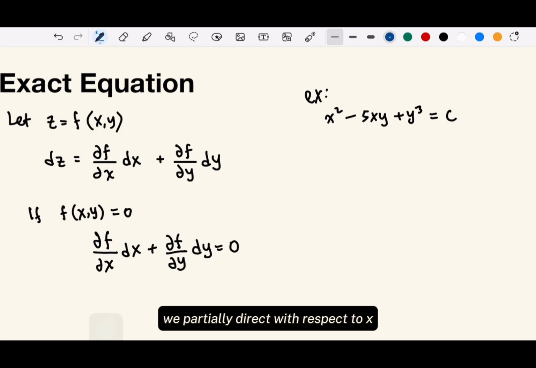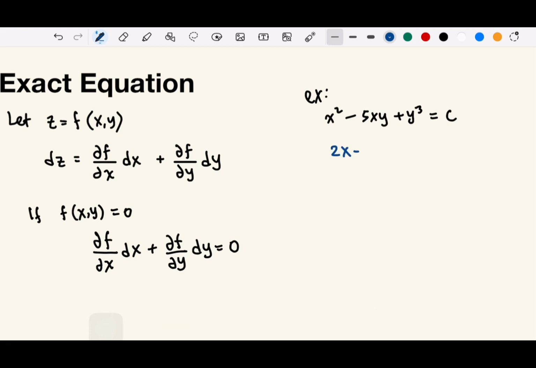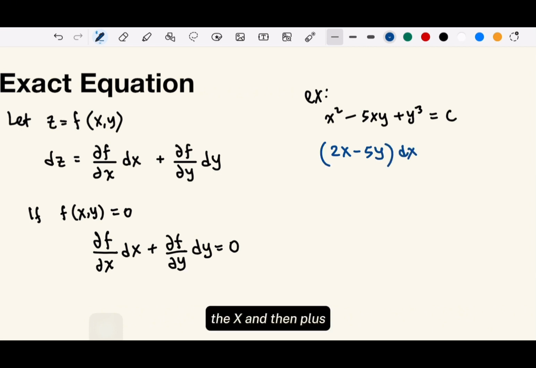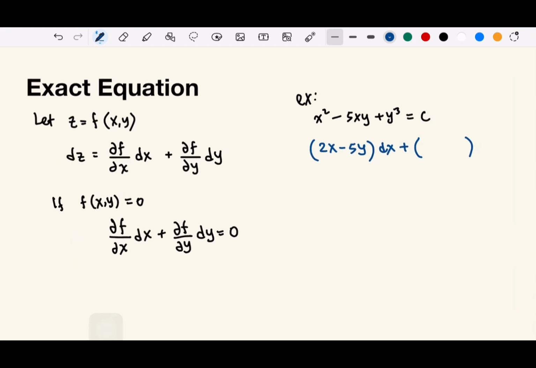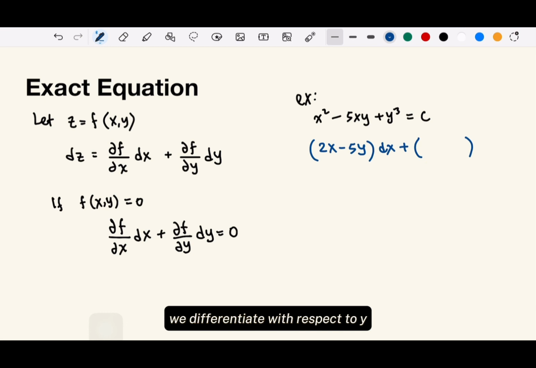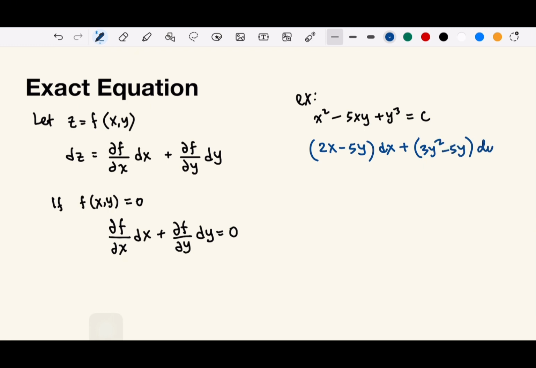With respect to x, we have 2x minus 5y, multiplied by dx, and then plus, we differentiate with respect to y, so we have 3y squared minus 5x, dy, and it is equal to 0, right?